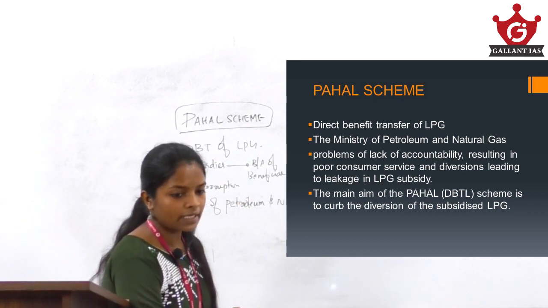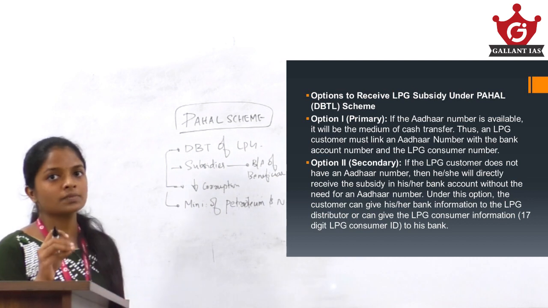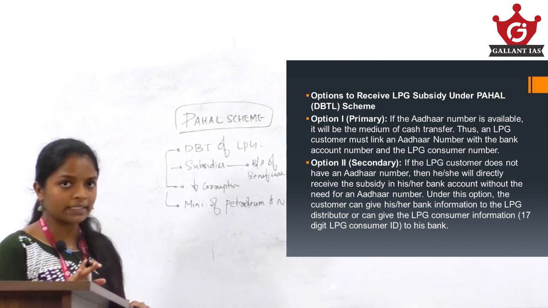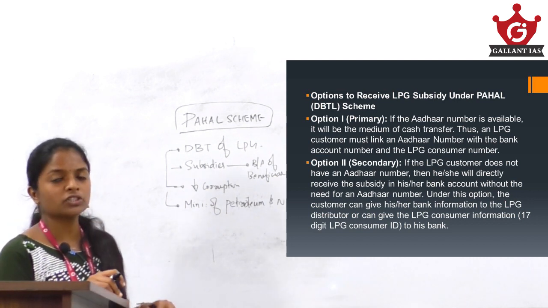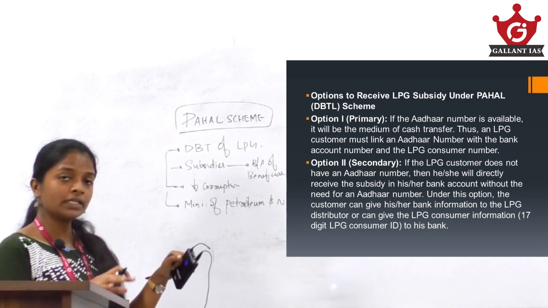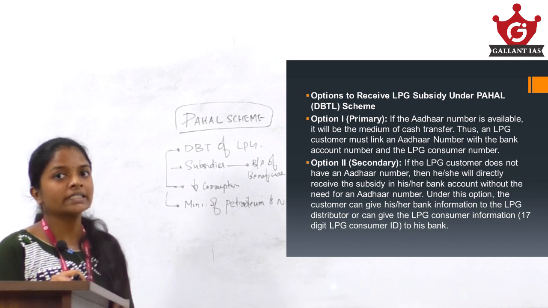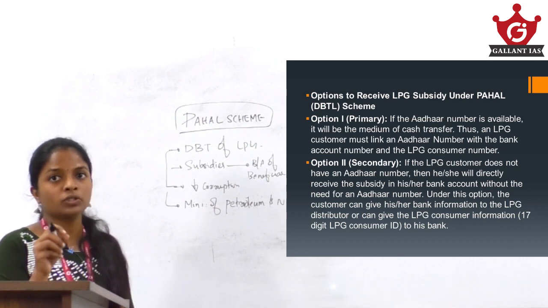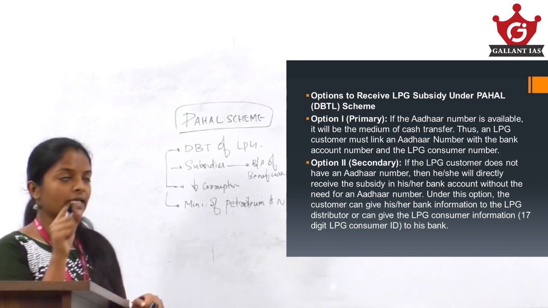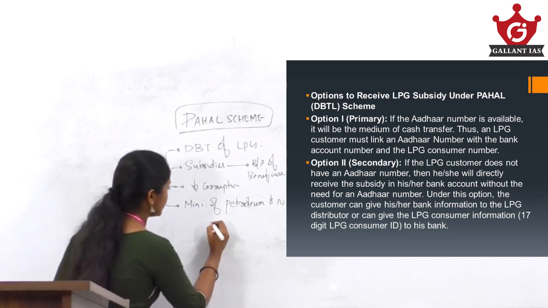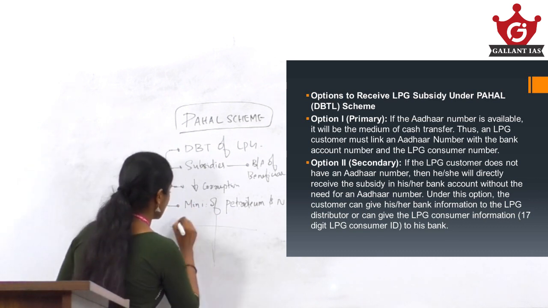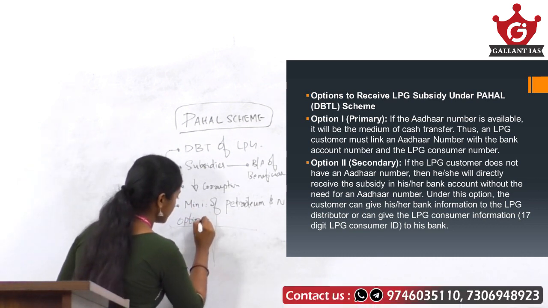Earlier, under this Pahal scheme, Aadhaar was mandatory. But in the revamped version of the Pahal scheme, even if the customer does not have an Aadhaar number, he or she gets the benefit under this scheme through the bank account. So there are two options under this revamped version.